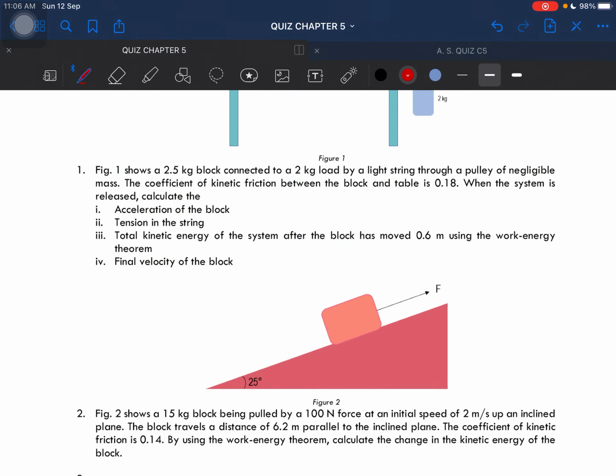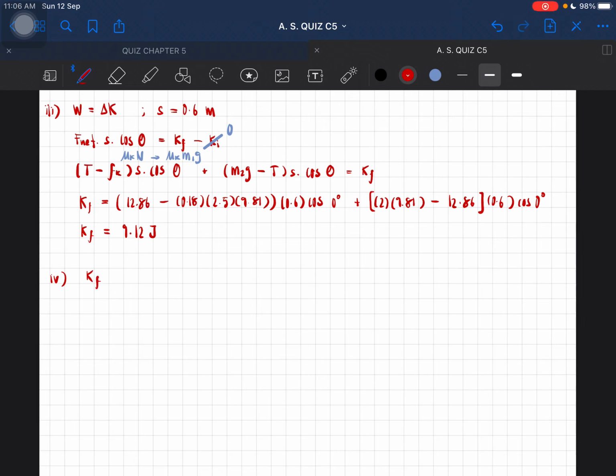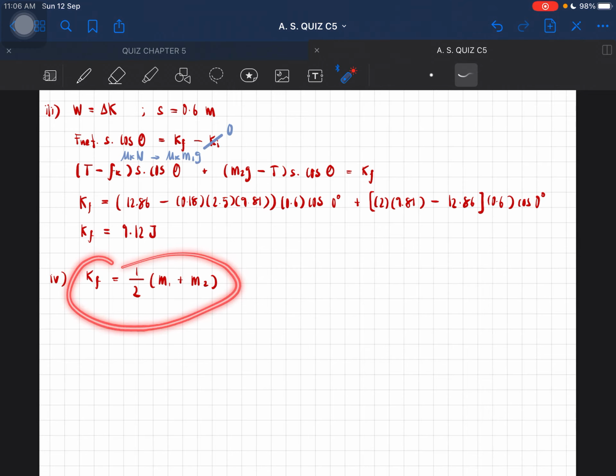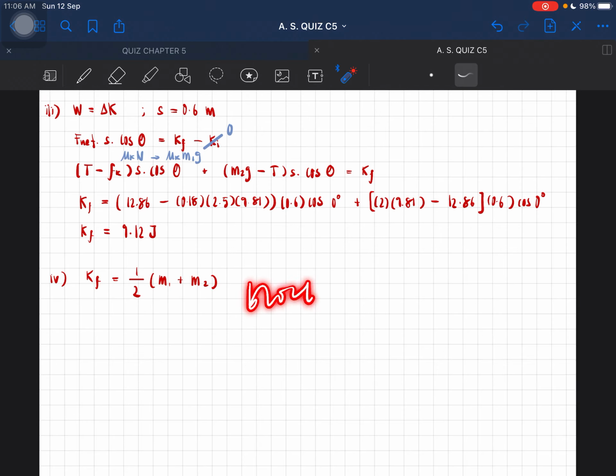Lastly, we have to find the final velocity of the block. We can use the value of kinetic energy we got earlier. Just add both the masses together, because this kinetic energy value of 9.12 joules is for both blocks, not just for block 1.